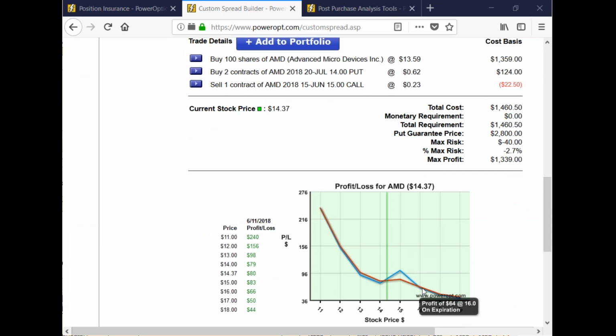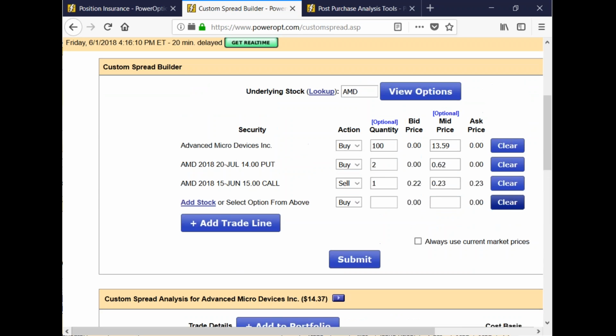Yeah, see, this isn't too bad, but if it doesn't go up to 16 as we were talking about, profit there of 102, it was better just doing the put and the short call than doing the 2 puts and the short call. I think it was at 143, 150, I believe. This max profit is deceiving because that's if the stock goes to 0, which is not likely to happen. Okay, but it does give you a no-risk position. The worst case scenario is a gain of about $40 or 2.7%, even if it rocketed up to 18.